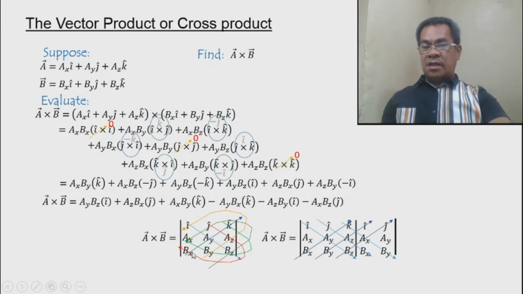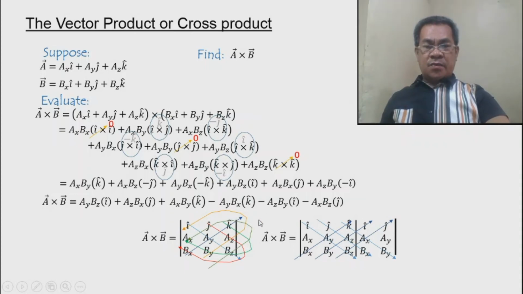Then we have the last row for the components of B, arranged from X to Y to Z. You can notice that if you evaluate this one, there must be the presence of unit vectors. In this case, we have I hat, J hat, K hat. Then combine the like terms. In the scalar product we don't have unit vectors, but in the cross product there must be a unit vector because it represents direction.